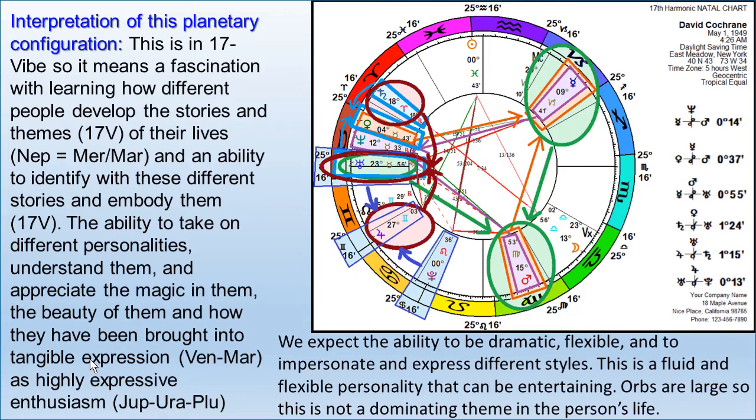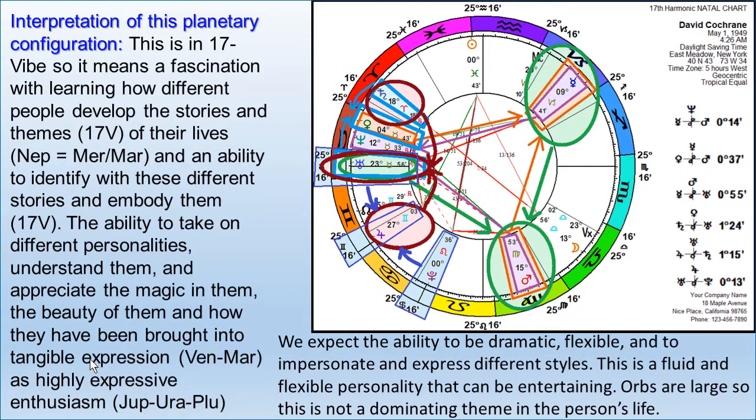So when you really think about 17 vibe as this kind of fluid personality that moves into the different storylines, different configurations, different even from what it was born with, what do we have? It's a fascination with learning how different people develop the stories and themes of their lives.